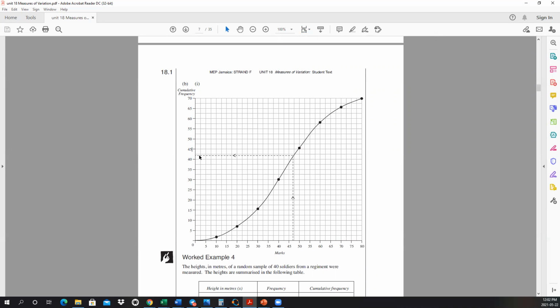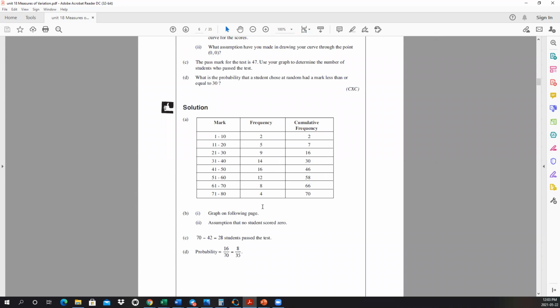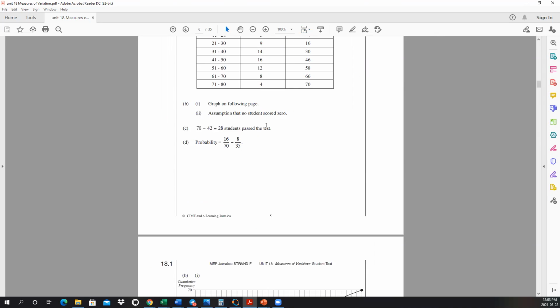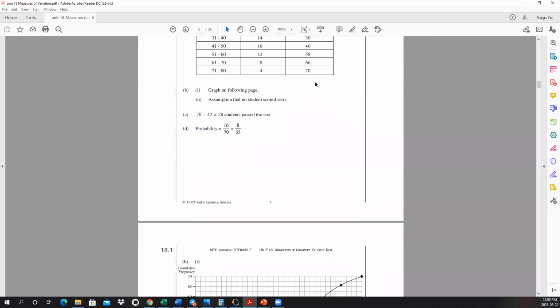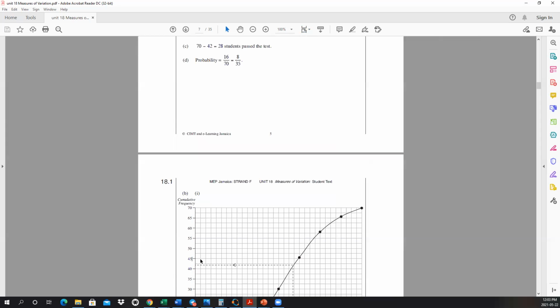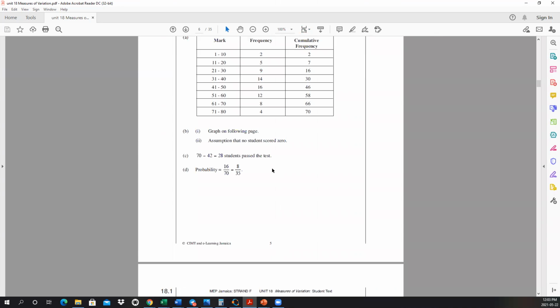You come across, everybody who lies above this, because these are the number of students, would be those who got above 47 on the test, right? So if you look, I have 70 students, it stops at 70. This looks like about 42 or 40, yeah, call it 42. So the difference between 70 and 42 is about 28. So 28, they're about, see there, 28.